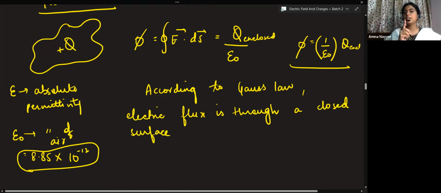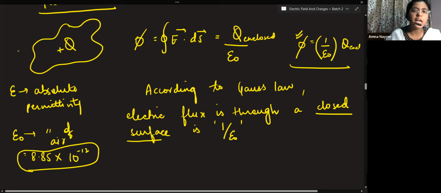So the first condition is satisfied in the statement: only a closed surface. It has to be a closed surface. So this electric flux through a closed surface is 1 by epsilon naught times what? The total charge enclosed within the surface.